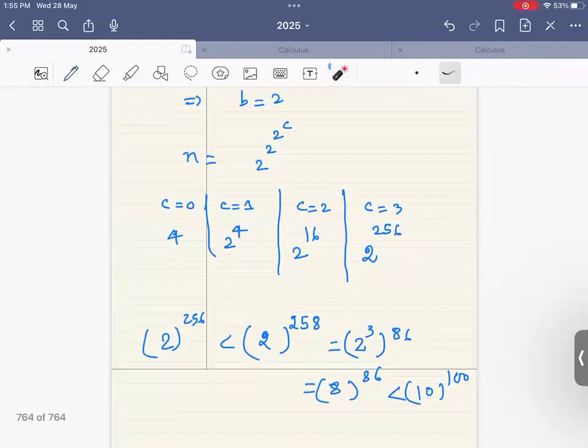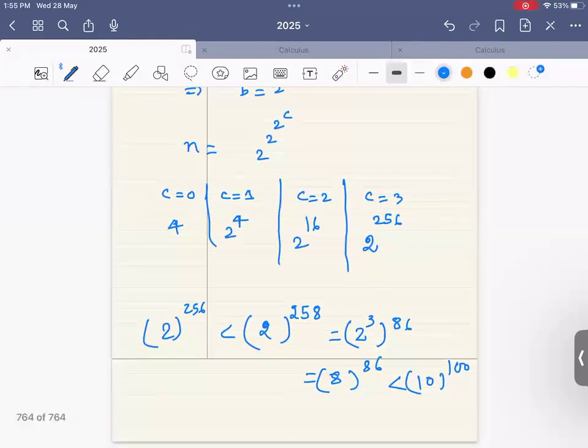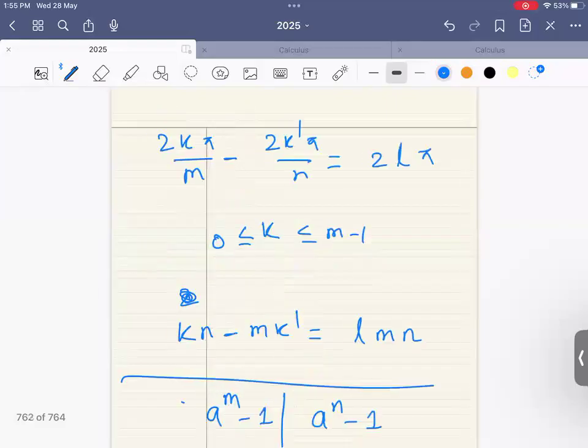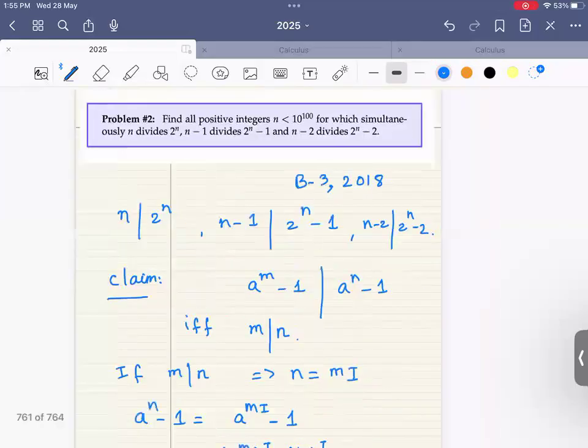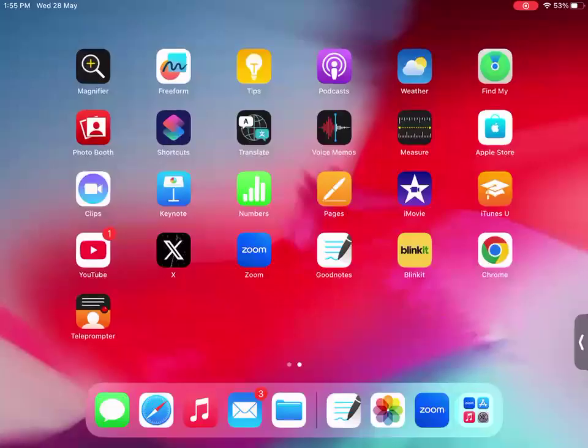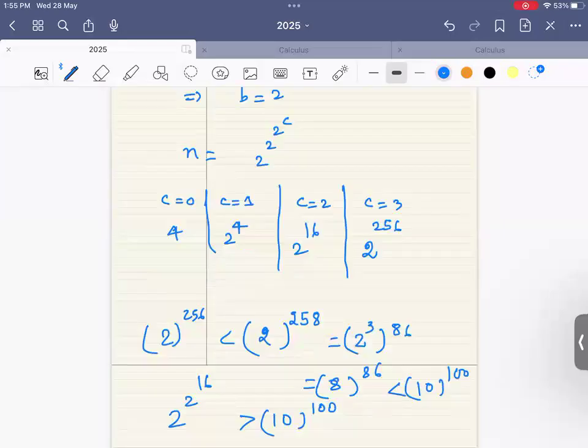So if you were to try c equal to 4, you'll get 2 to the power 4, which is 16. So you'll get 2 to the 2 to the 16. Now my claim is that this number is greater than 10 to the power 100. And you can figure out why. It shouldn't be difficult to see why this must be true.